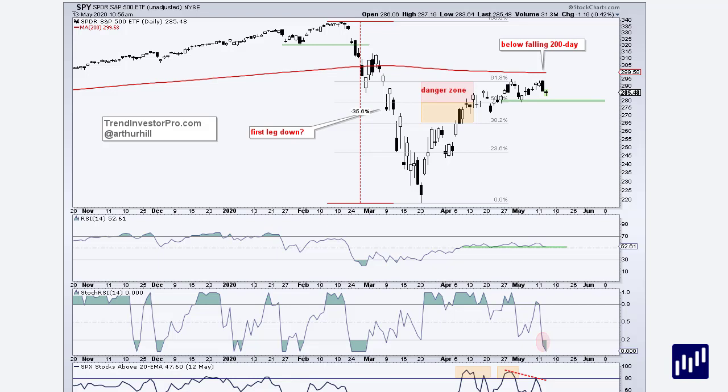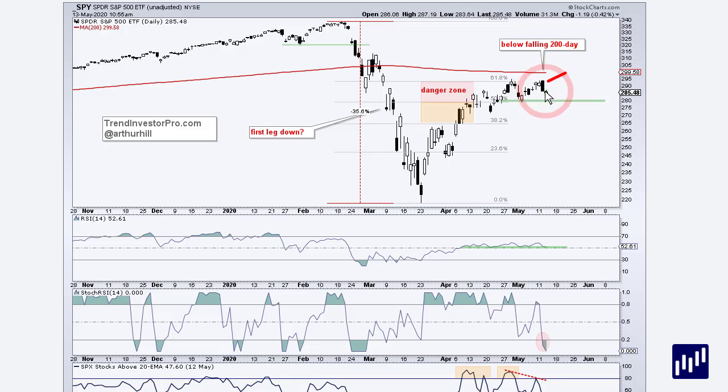So here is SPY, and technically the short-term trend is still up, even though you've got that bearish engulfing pattern form. And the difference between candlesticks and, say, an outside reversal is that a bearish engulfing candlestick is based on opens and closes. So you've got this open here of this black candlestick above the close of the prior white candlestick.